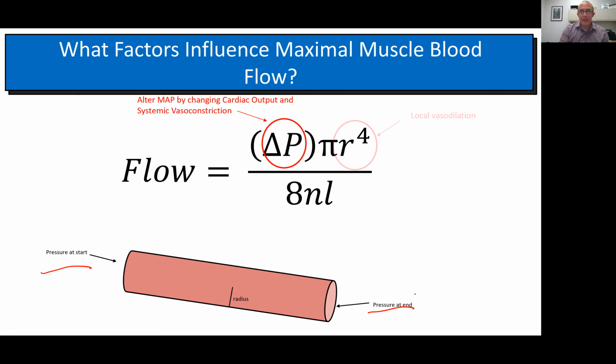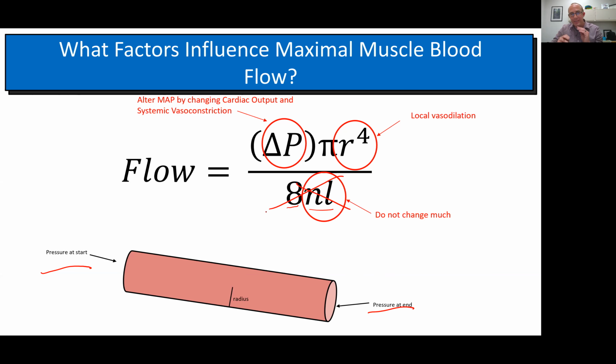And then vasodilation, or the radius. So we have change in pressure, pi, constant, radius to the fourth power, 8 is another constant, and η and L, these are viscosity and length. These two factors are not going to really change all that much.